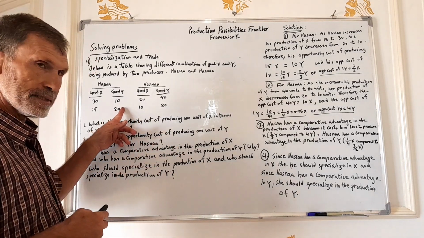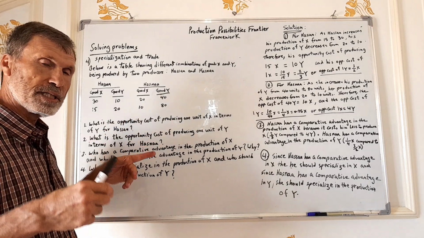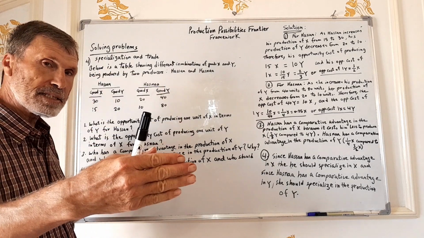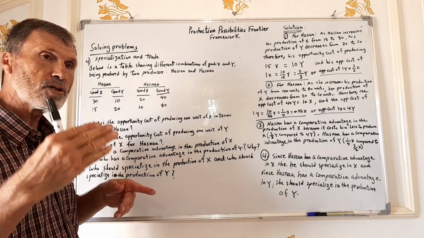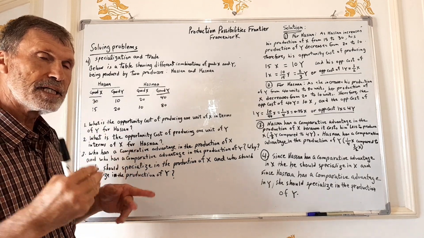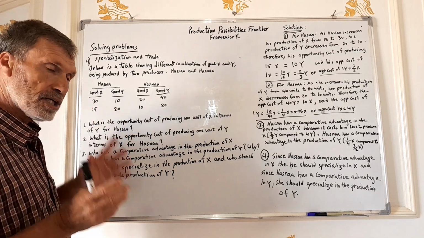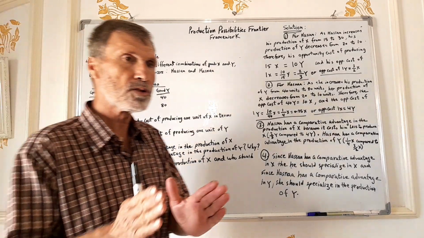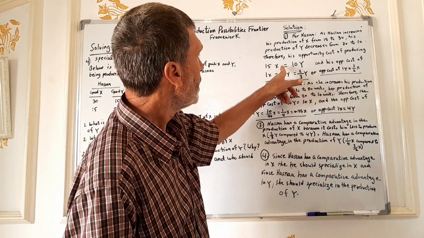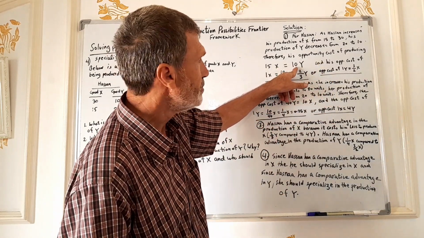Of 10 Y. When he produced 15 new X, he lost or decreased his production of Y by 10, from 20 to 10. Therefore, we say the opportunity cost of 15 X is equal to 10 Y.